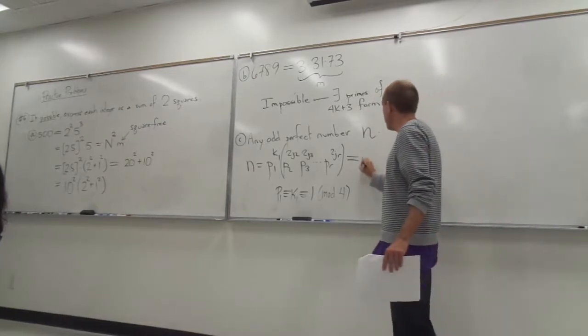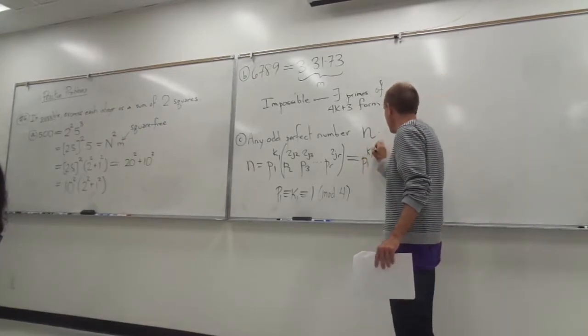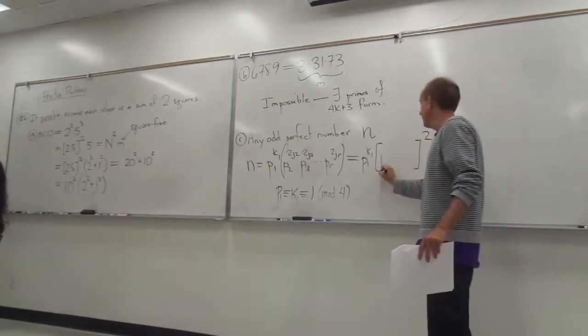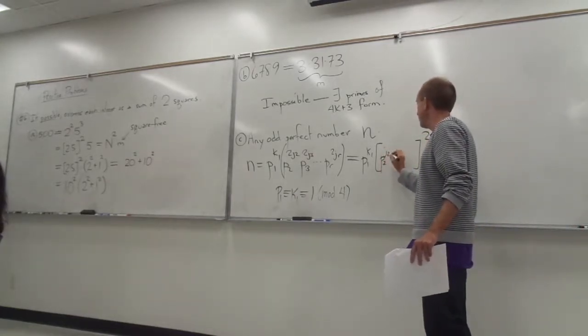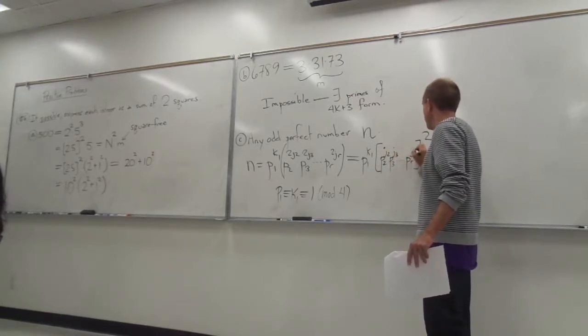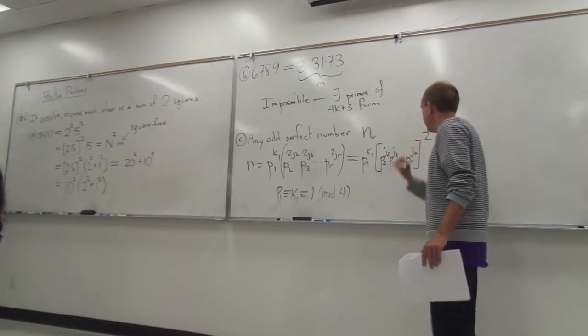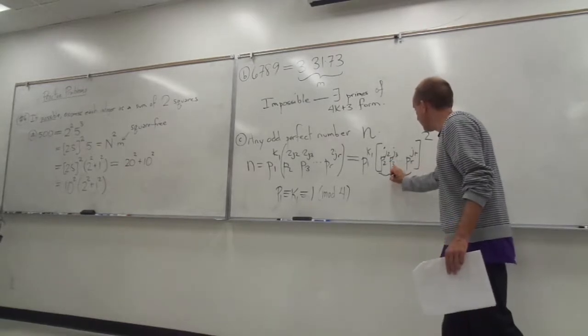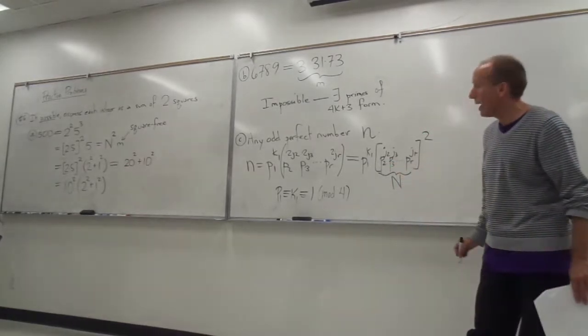So you can think of this as P1 to the K1 times the perfect square of P2 to the J2, P3 to the J3, and so on, up to PR to the JR. So this whole thing here can be thought of as the capital N.